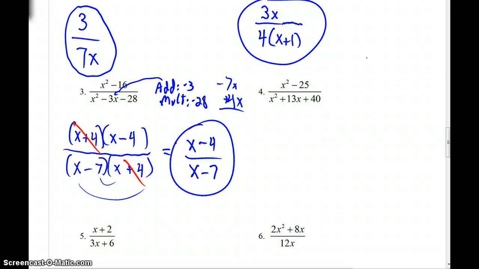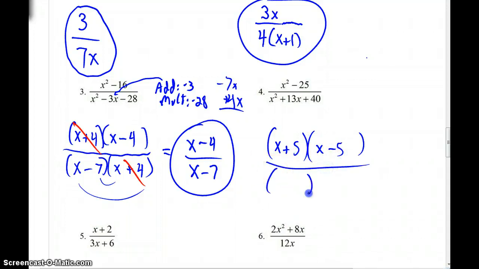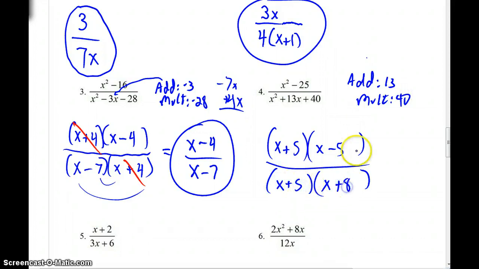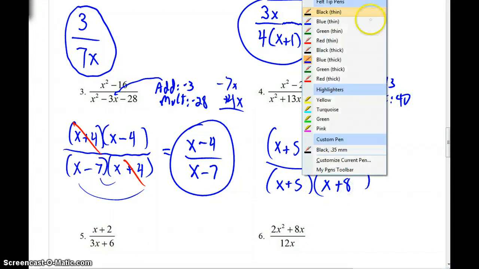Taking a look at number 4, the top can factor into x plus 5, x minus 5. Down below, needing to add to 13 and needing to multiply to 40, if you were to give it a moment's thought, I hope you would think of multiplying 5 and 8, keeping everything positive.